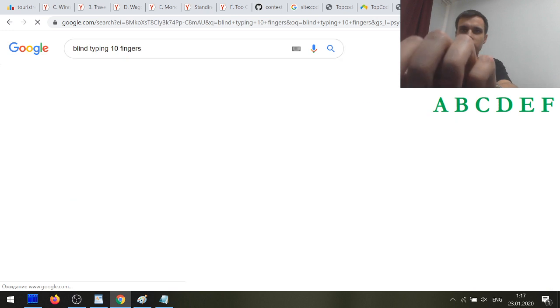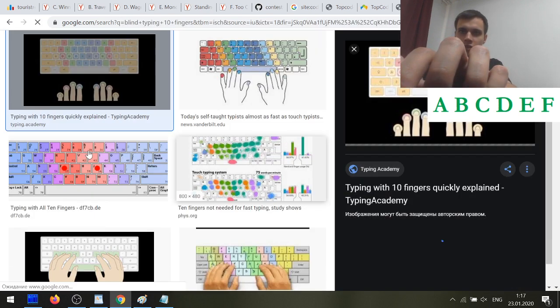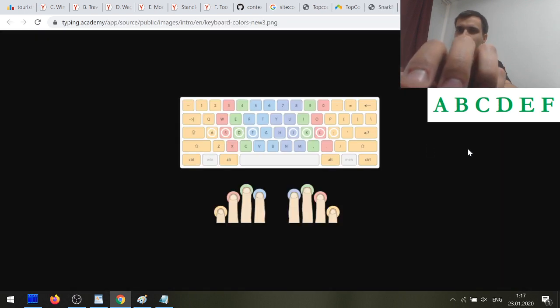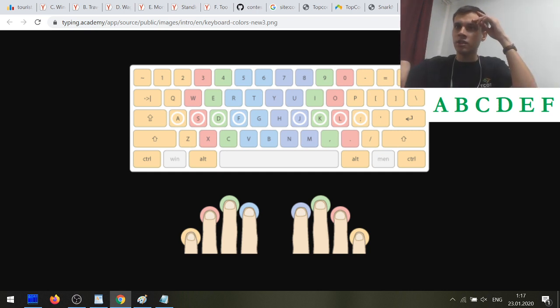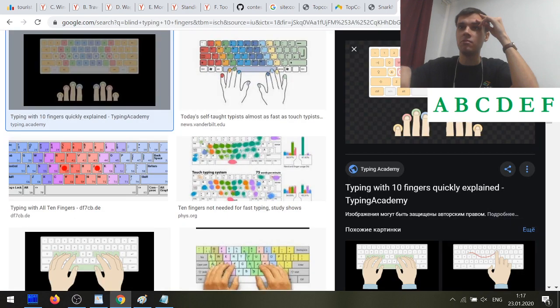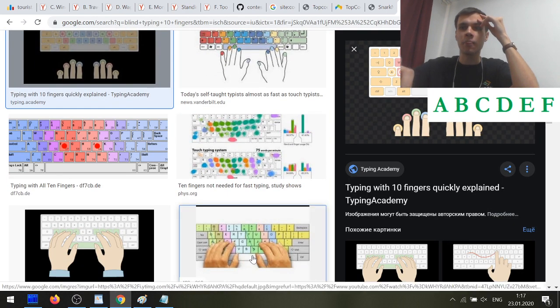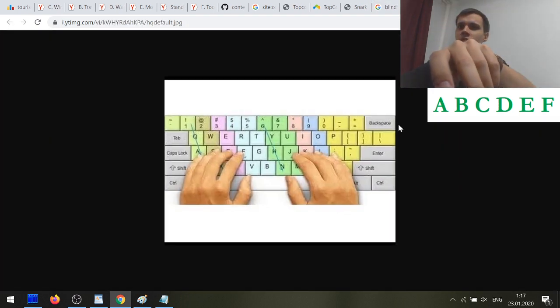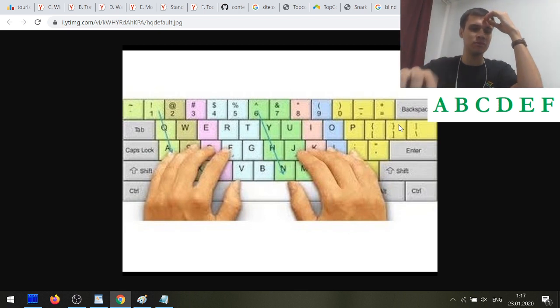Ten fingers. Yeah, I was looking for a picture like this. So here you have a keyboard, and then you kind of try to use... what about the big finger? Interesting. Anyway, something like this maybe. You try to divide all the keys into sets and then use only this finger for this set of keys, but I never do that.